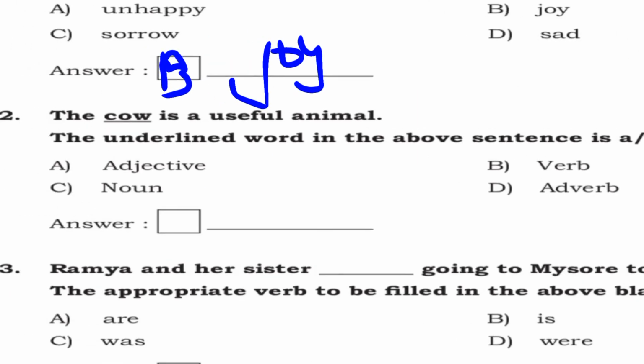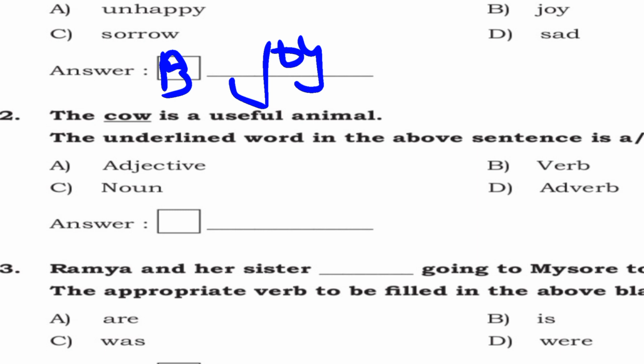Let us read question number 2. The cow is a useful animal. In this question, you should find out what part of speech cow is here. The underlined word in the above sentence is a or an. See, first one it is given adjective. You should understand the meaning of adjective first, then verb, then noun, and then adverb.